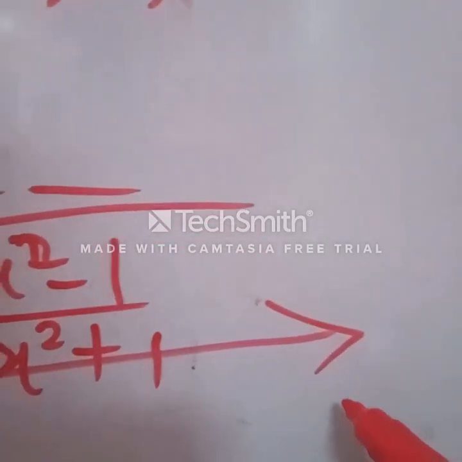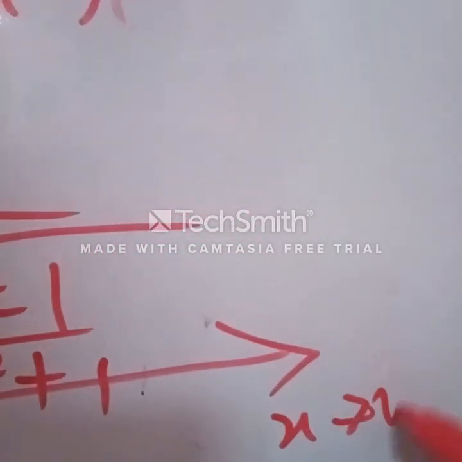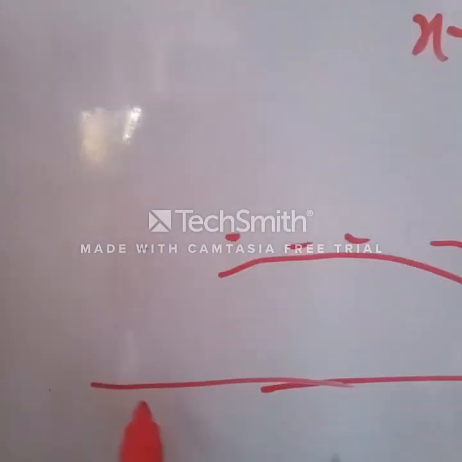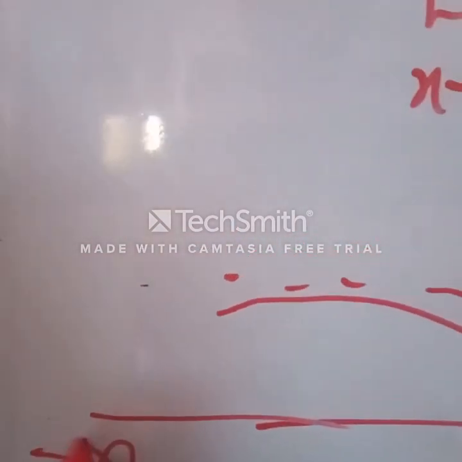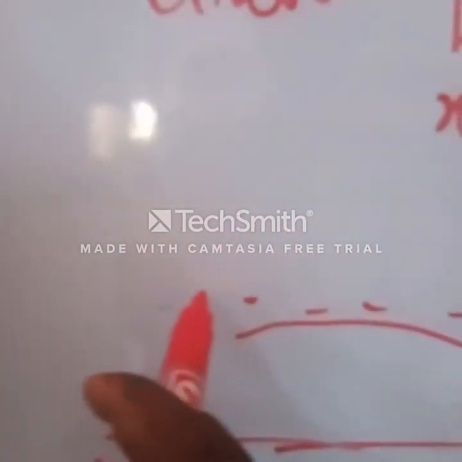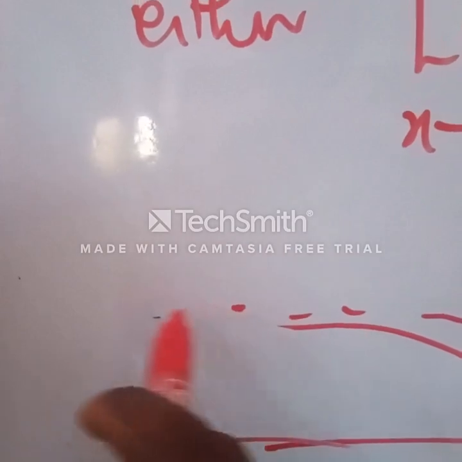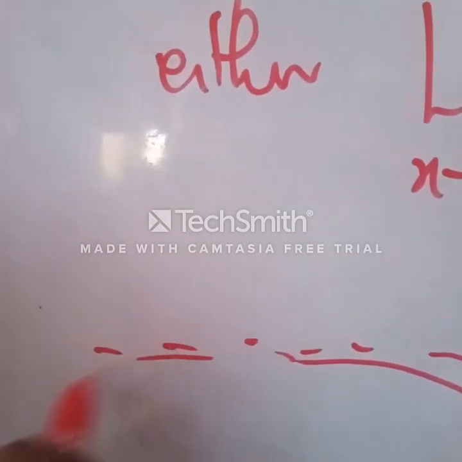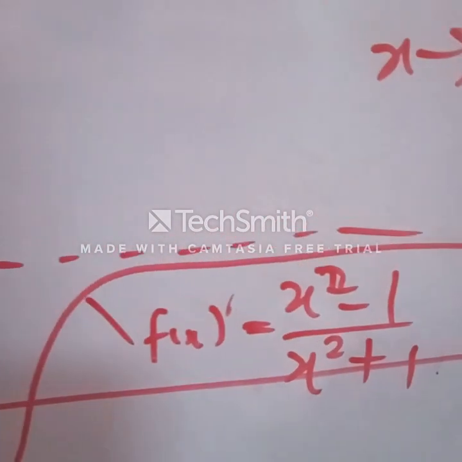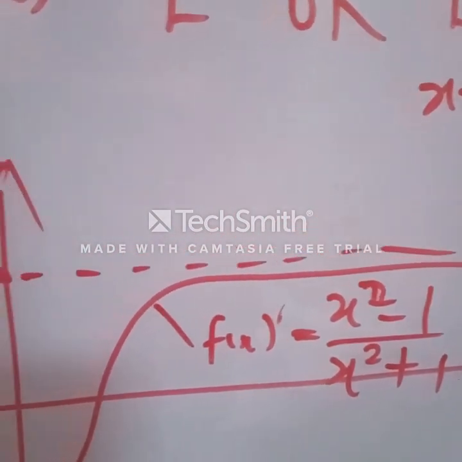That is when x becomes large from the right. Also when x is decreasing to the negative part without bound, the curve also approaches 1 from here. So this example is a good example of a horizontal asymptote.